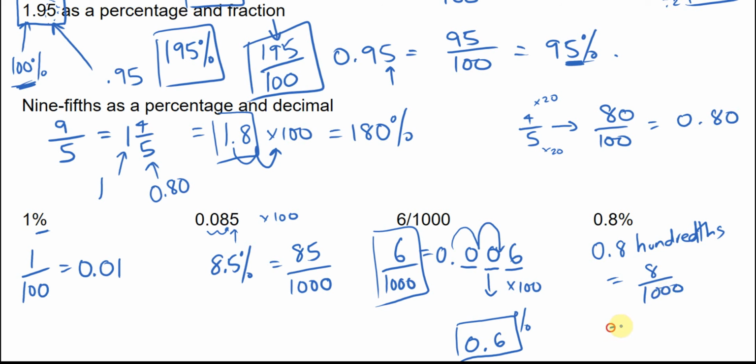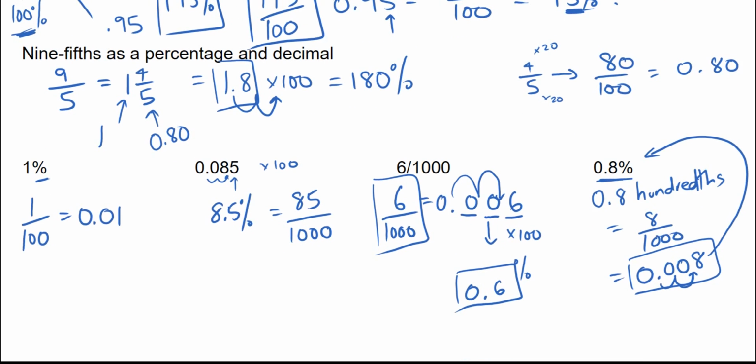And if I were to write that as a decimal, it would look like this, 0.008. And just to convert that back into a percentage, if we were to multiply this decimal by 100 to give us the percentage, we would end up with 0.8%, which is our original question.